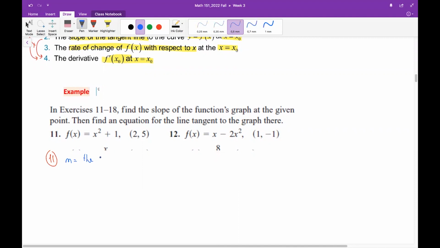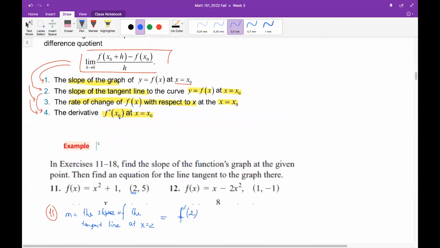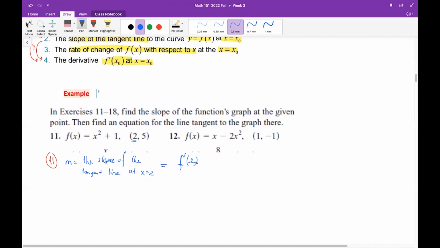This is the slope of the tangent line, at which point we want to find it, at x equals 2. So, okay, this is also related to the first derivative of your function. Remember, this expression is the same as the first derivative at the given point.